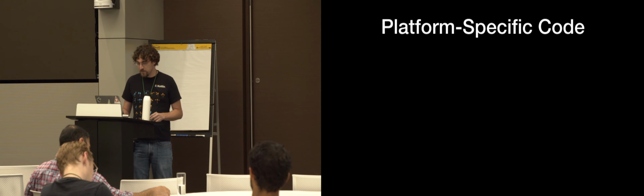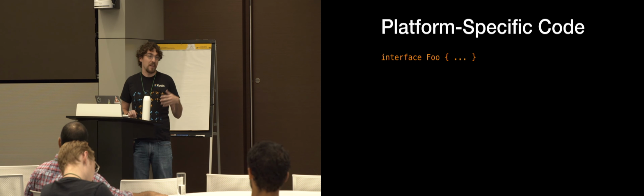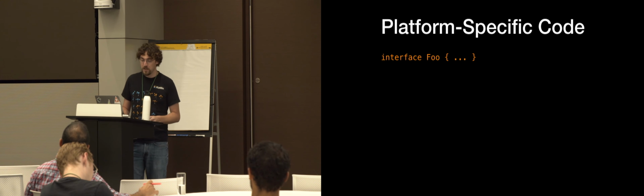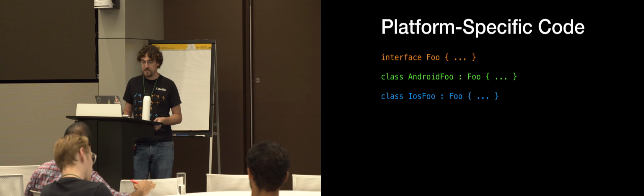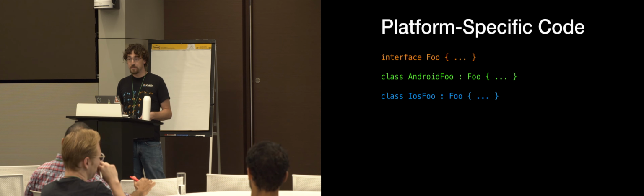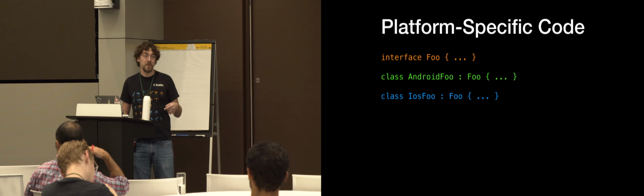And when it is, you can use something like interfaces, like we're used to, and do the manual sort of dependency injection that you might have done in your pure JVM code. So we might define some foo interface in our common code, and have different Android and iOS implementations of it. An advantage of using this pattern is, one, you have multiple implementations.